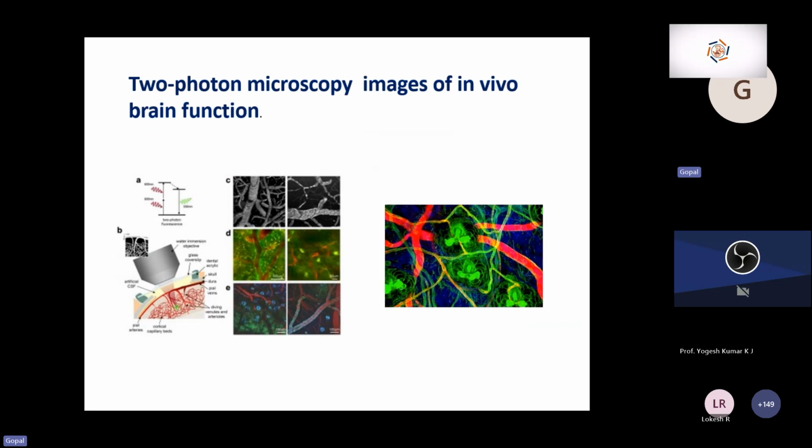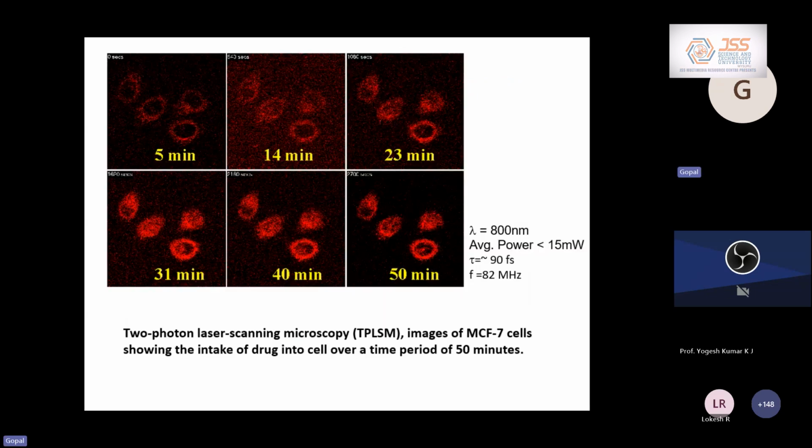2-photon microscopy images of in vivo brain function. See, this is the level of technology coming now, and I think most of these things are done in MIT, Massachusetts Institute of Technology, US. That's a huge group. Then these are the live processes, biological processes recorded live with the 2-photon microscope.